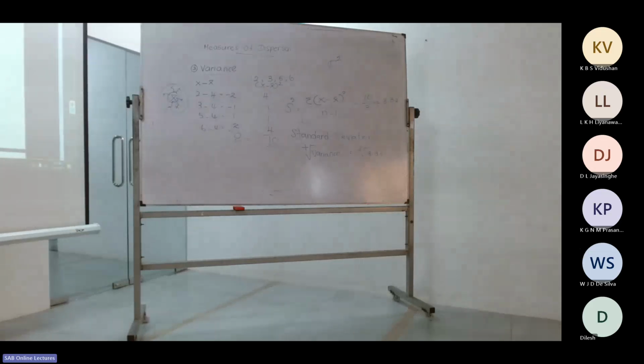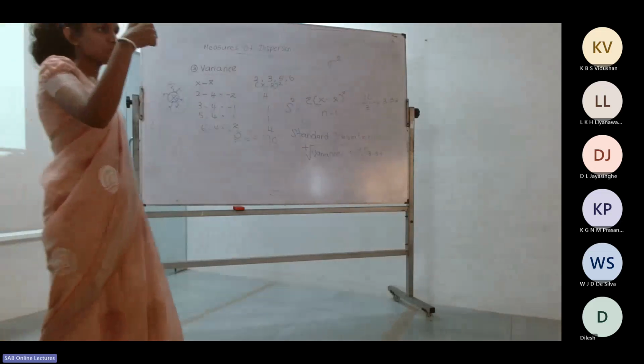Take the square root, it eliminates that overestimation. Measures of dispersion. Clear? Then we studied four types of measures of dispersion, starting from range.